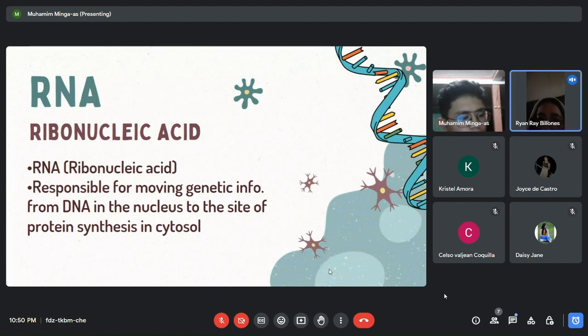So now let's talk about the nucleic acid RNA. RNA is for moving genetic information from DNA in the nucleus to the site of protein synthesis in the cytosol. RNA has a short life, constantly being made and destroyed.